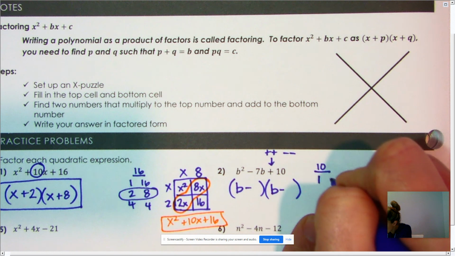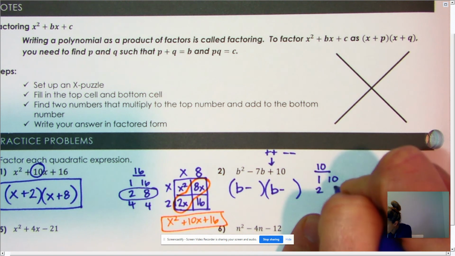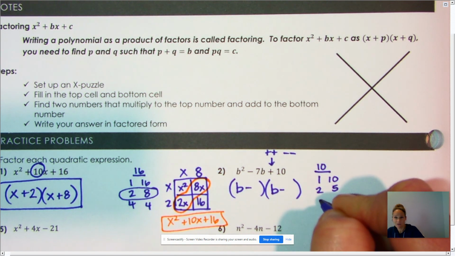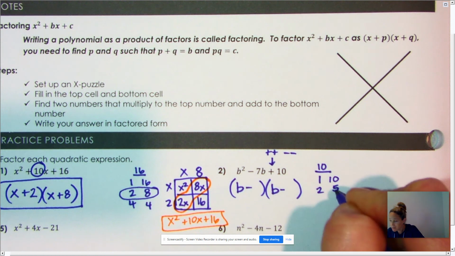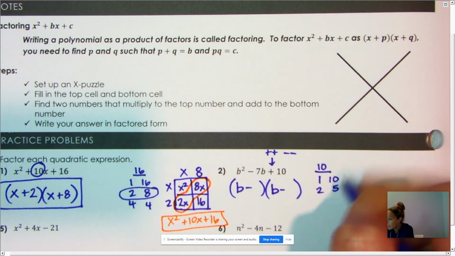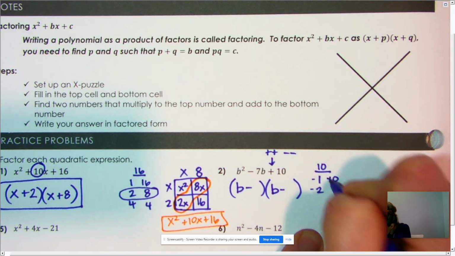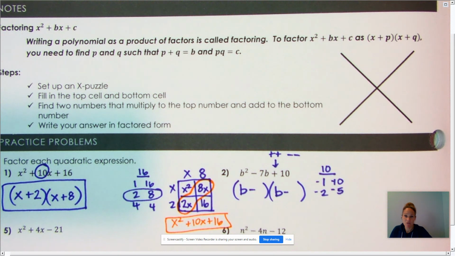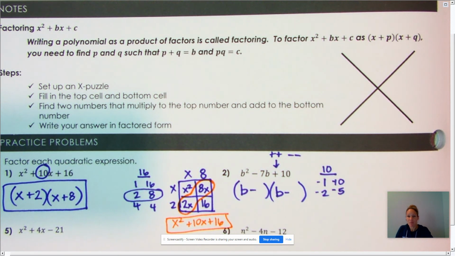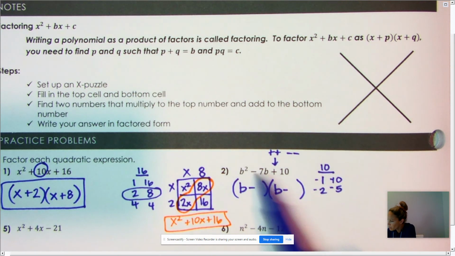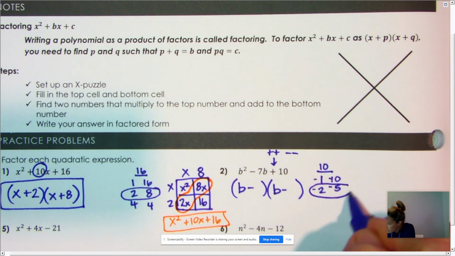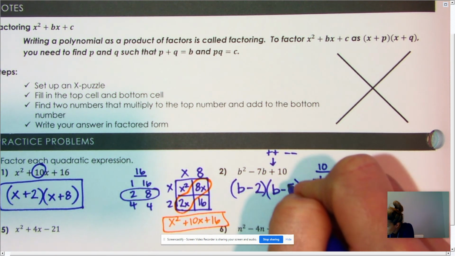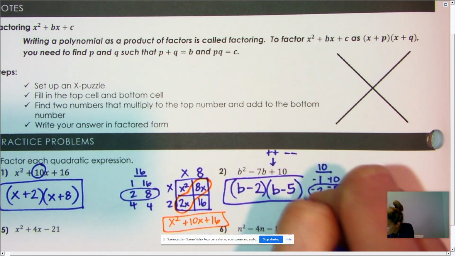We've got 1 times 10. 2 can go into it 5 times. 3 can't, 4 can't, 5 can, but it's already up here, so we stop. And remember, these are all negatives, and I need to see which ones of those will add up to make the middle term, which is negative 7. So I put the 2 and the 5, and that's my answer.